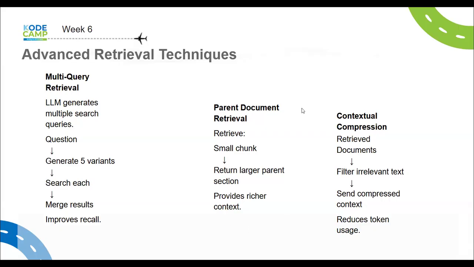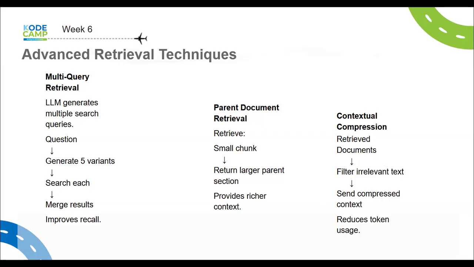A good example is if you were to do this parent document retrieval approach, you might find that there's a lot of repeated information and so on. So you can then filter out irrelevant text and send a compressed context. That helps to give your large language model a much better context without consuming too many tokens. So remember, everything comes down to tokens and context window.